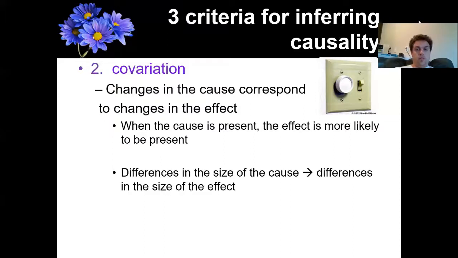For example, with this light switch, the one where you turn it and it gradually turns the lights from off to brightest, if turning it a little bit is related to the lights being a little bit on, and turning it fully is related to the lights being fully on, that would satisfy this covariation, because the difference in the size of the cause, turning the knob, should be related to differences in the size of the effect. So more turning equals more light. If that's the case, then we've satisfied this covariation.